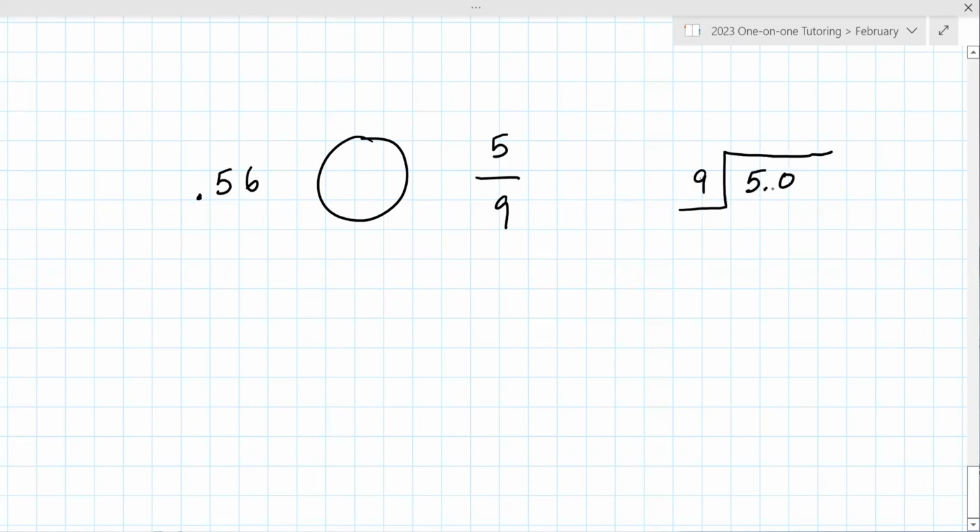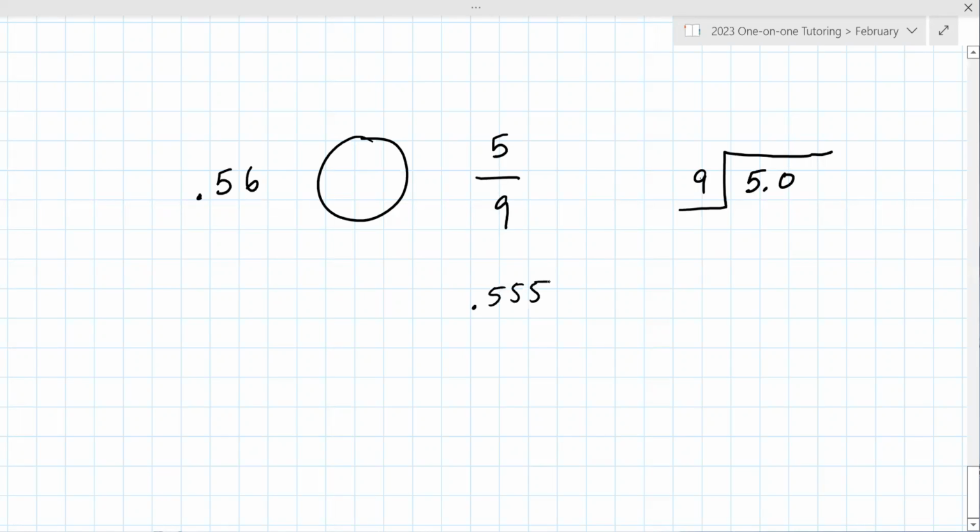long division here. Let me know if you have any questions on that division. 0.55, and then it's repeating.